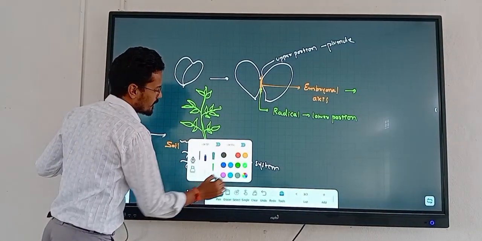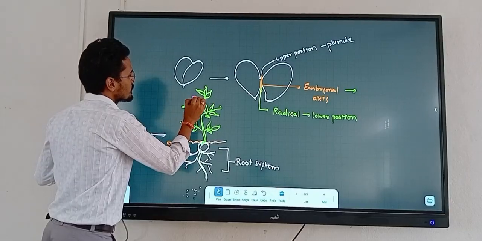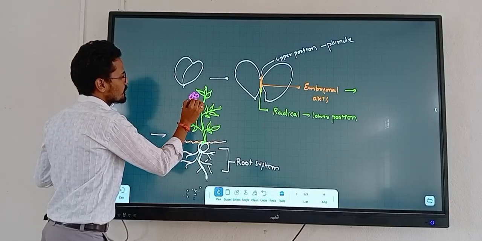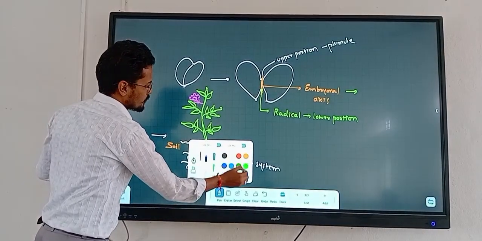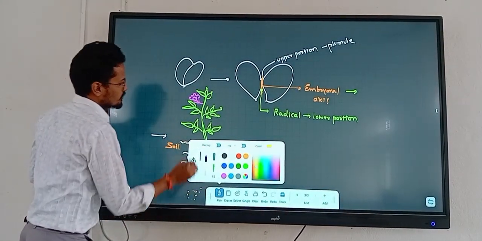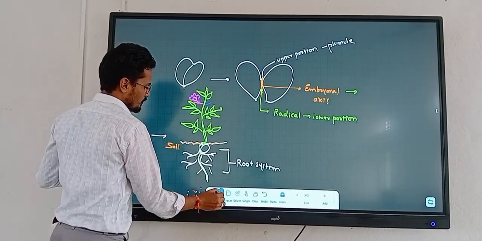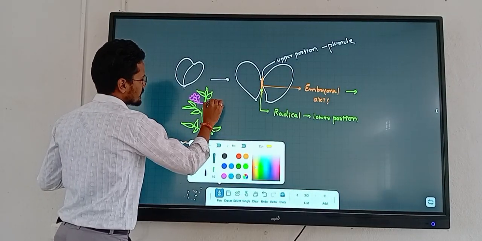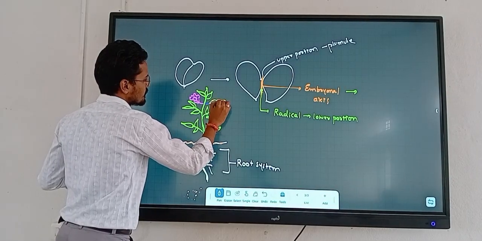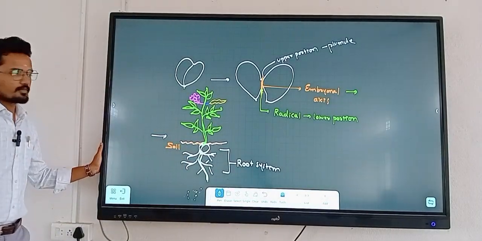The shoot system also bears flowers, as well as fruit.